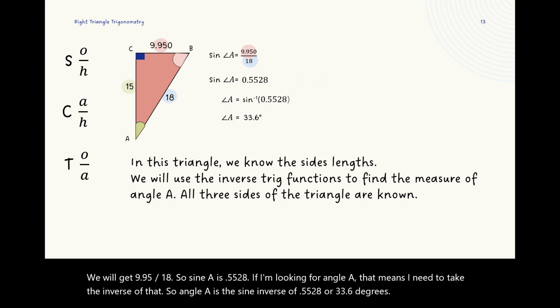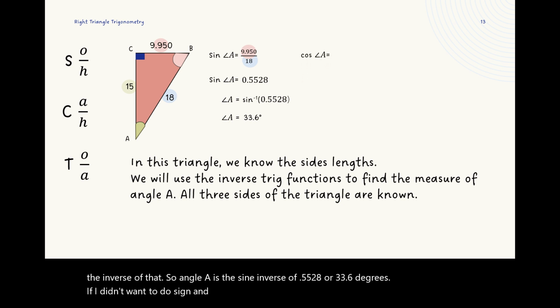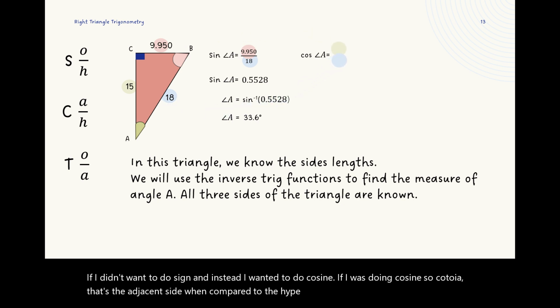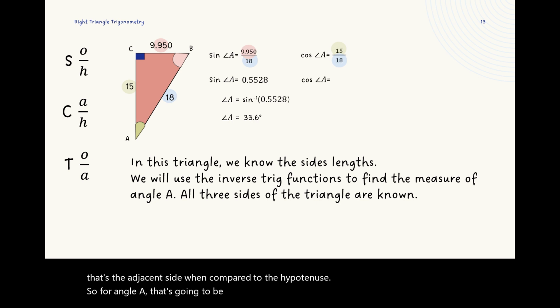If I didn't want to do sine and instead wanted to do cosine, that's the adjacent side compared to the hypotenuse. So for angle A, that's going to be 15 over 18. Cosine of angle A is 0.8333.